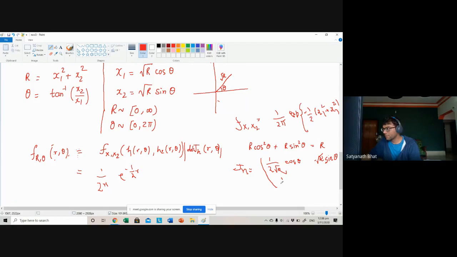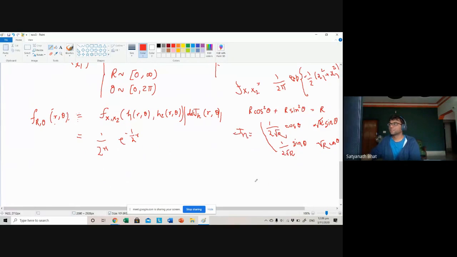Here it will be the same way, 1 over 2 square root of r. I'm now taking the derivative of the second component, x2, with respect to r and theta. The first one is with respect to r, and then here it will be plus; there is no negative, the previous one had negative. This will be square root of r cos theta.